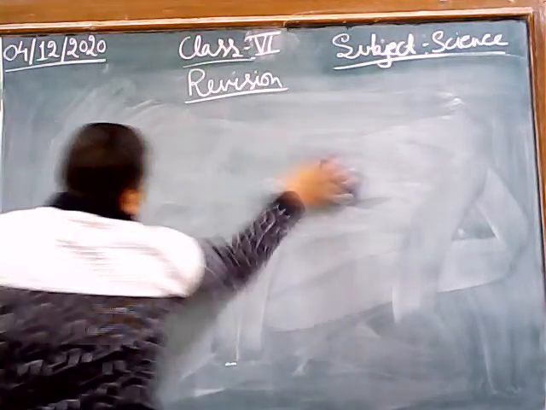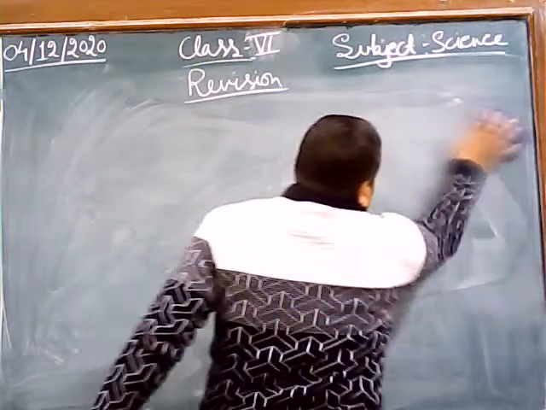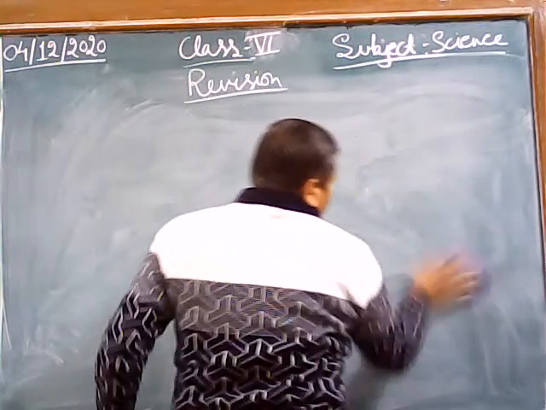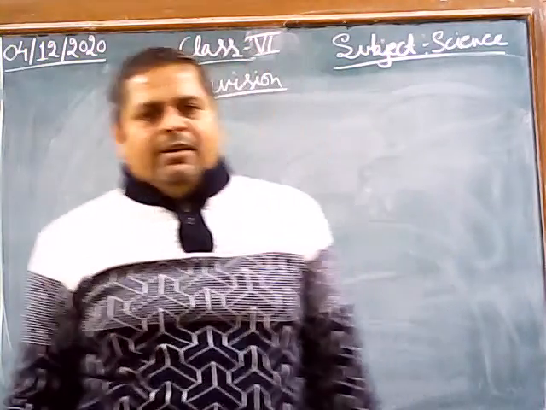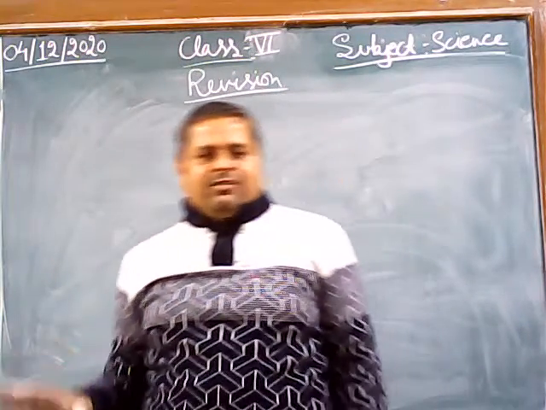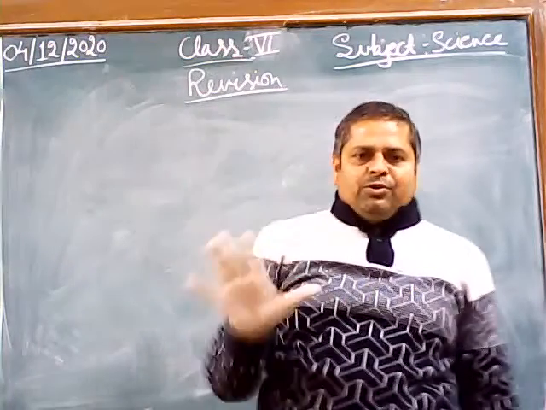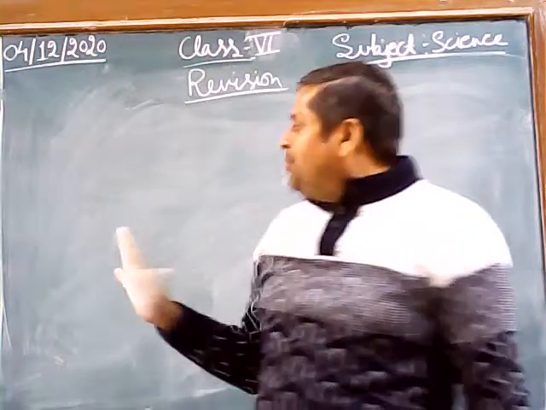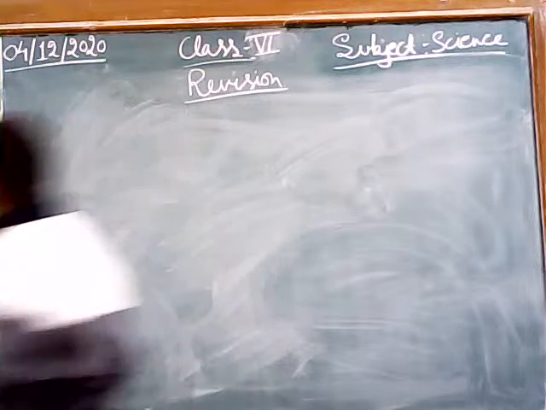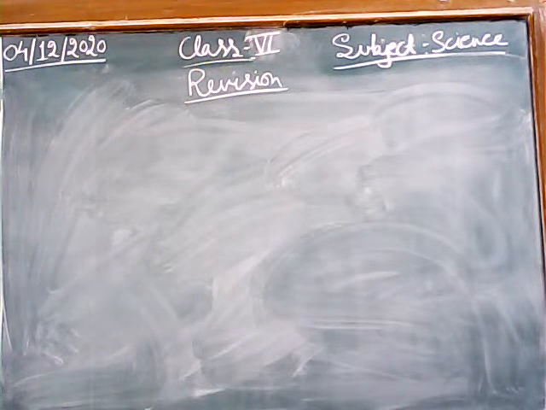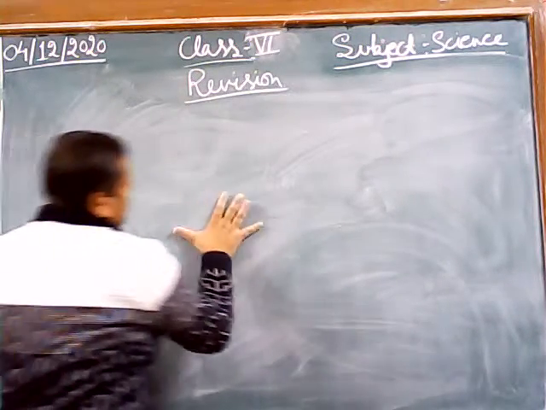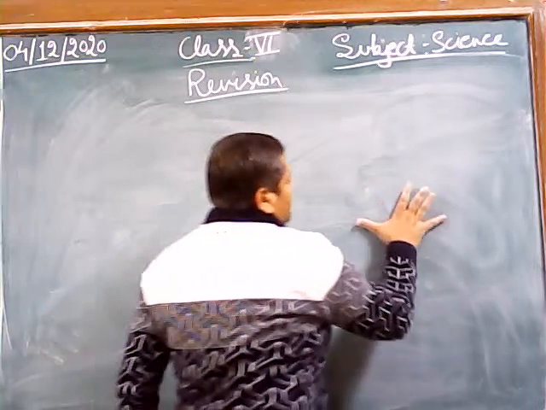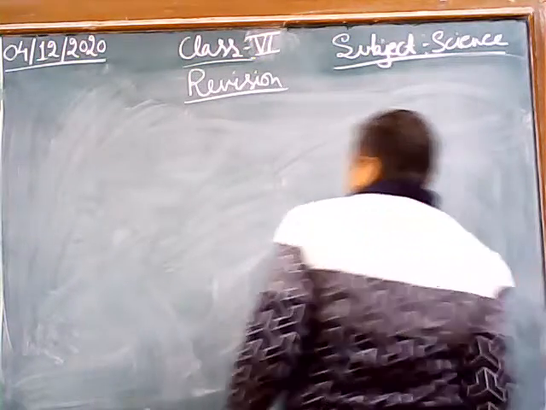Now one question comes: can we use a pace or a footstep to measure the length of any object? Suppose I am using my handspan to measure the length of the board. Suppose this is 1, 2, 3, 4, 5, 6, 7, 8, 9, 10, 10 and a half.